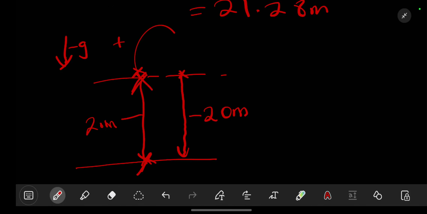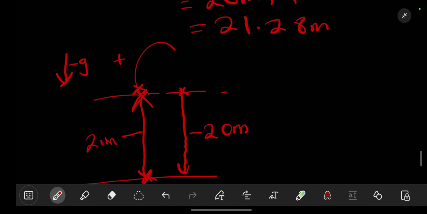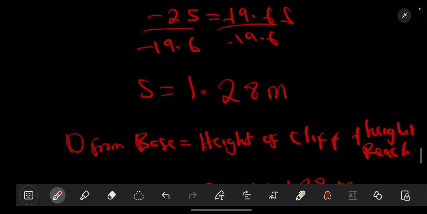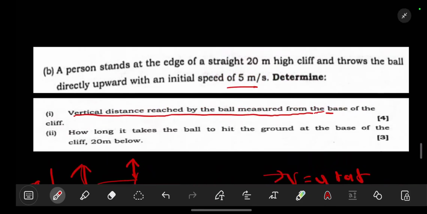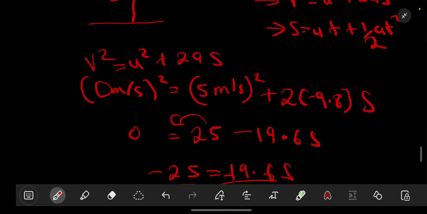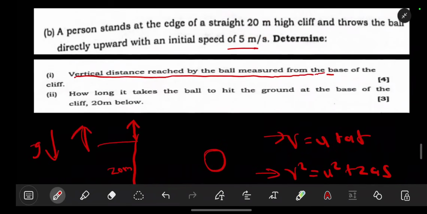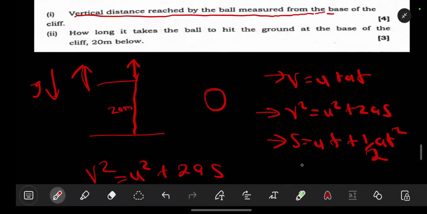Displacement has both magnitude and direction like that. Therefore, how long does it take the ball to hit the ground at the base of the cliff? To find this, knowing the kinematic equations that we have, we don't have the final speed, so we are going to use the one that has the initial speed.